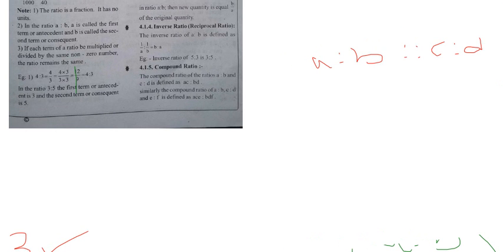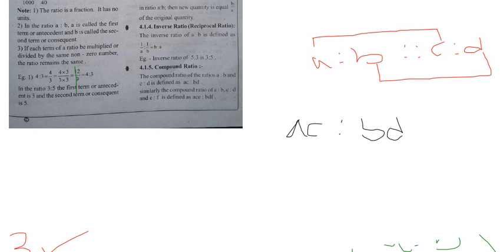Now multiply the numbers: A into C is to B into D. Right? This is the way. Just multiply these two numbers and multiply these two numbers, and that gives the compound ratio. For example, 1 is to 2, double is to 3 is to 4.